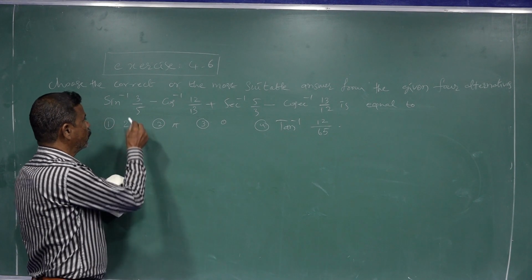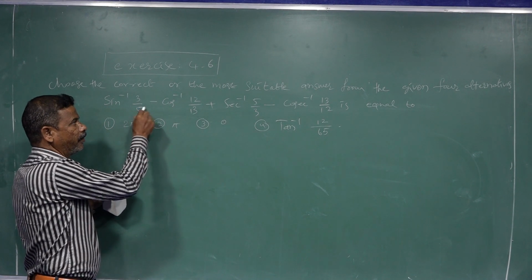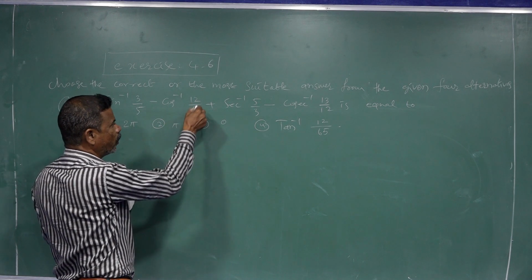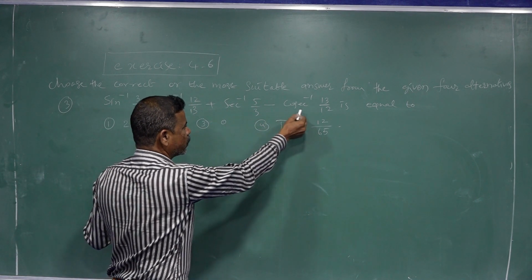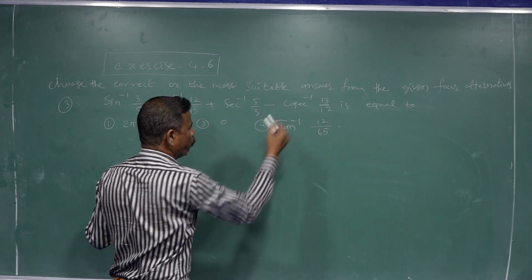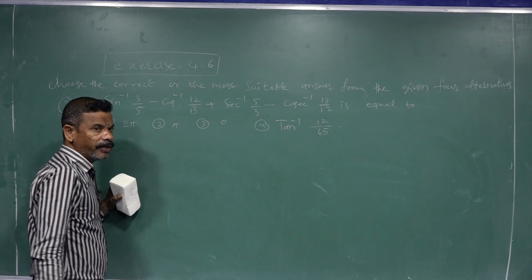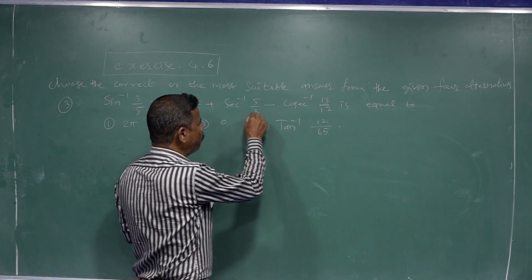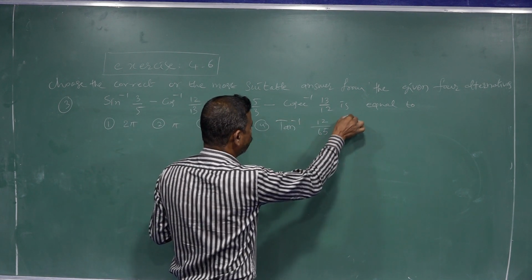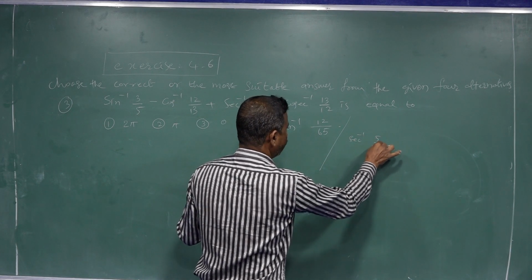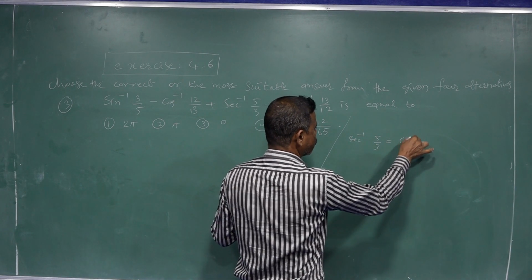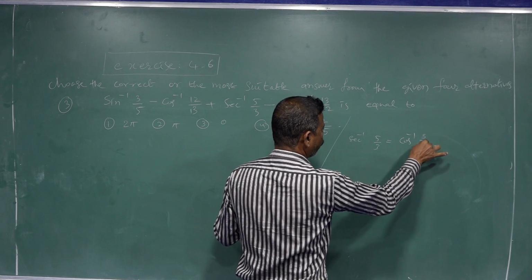Third problem. Sin inverse 3 by 5 minus cos inverse 12 by 13, plus sec inverse 5 by 3 minus cosec inverse 13 by 12. Okay, this sec inverse and cosec inverse we convert in terms of sin and cos. Sec inverse of 5 by 3 in terms of cos, reciprocating, 3 by 5.